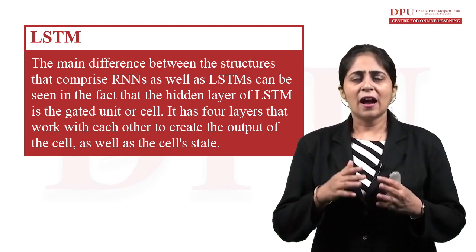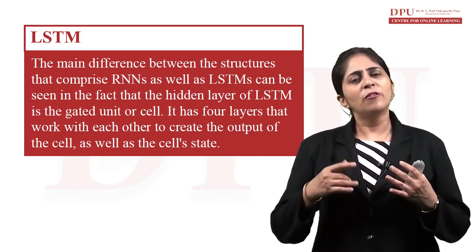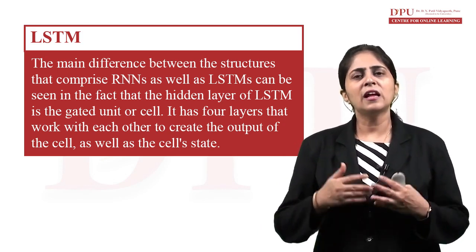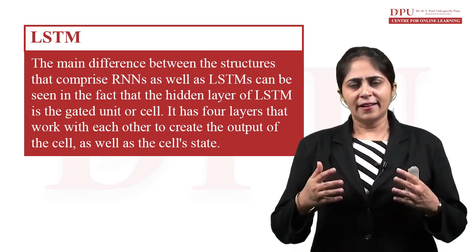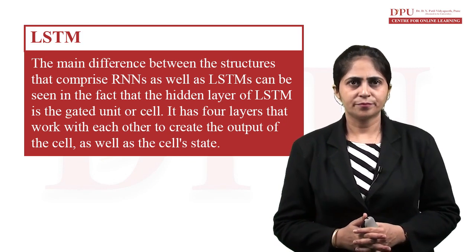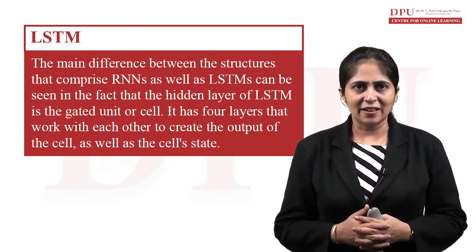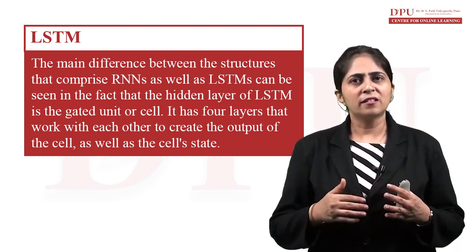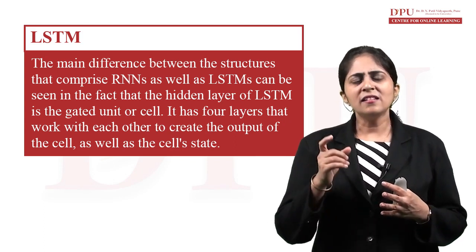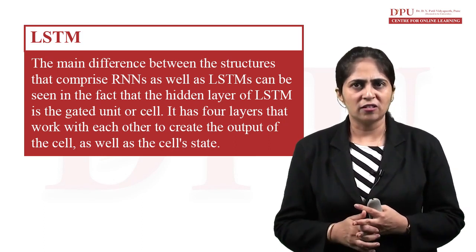So, LSTM, that is long short-term memory, is a variety of RNN and it is capable of learning long-term dependencies. It can be used for sequence prediction problems. It also has feedback connections like RNN, but the difference in structure is that the hidden layer of LSTM is a gated unit.